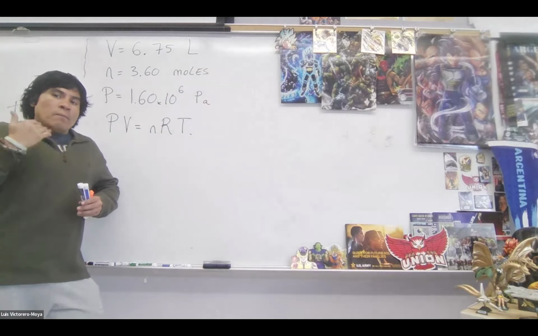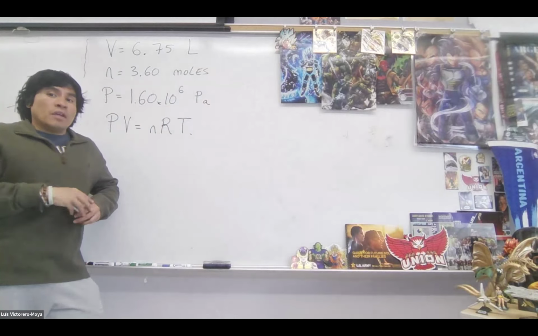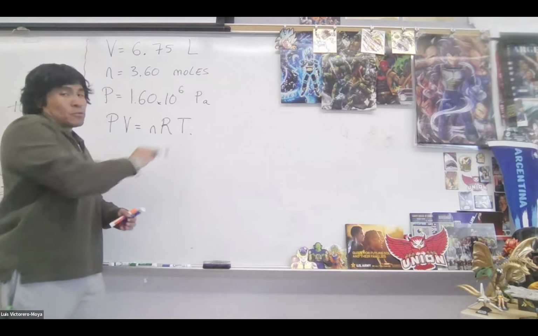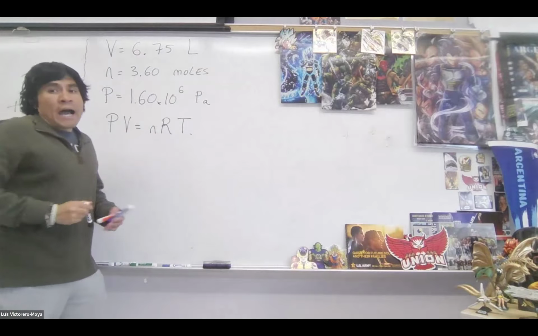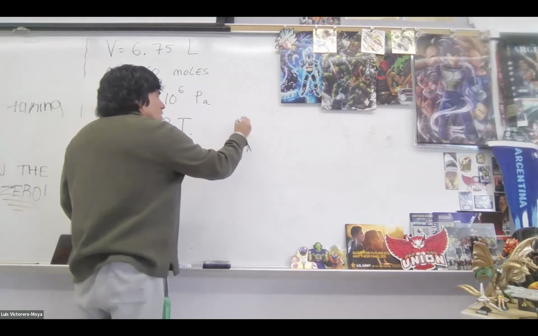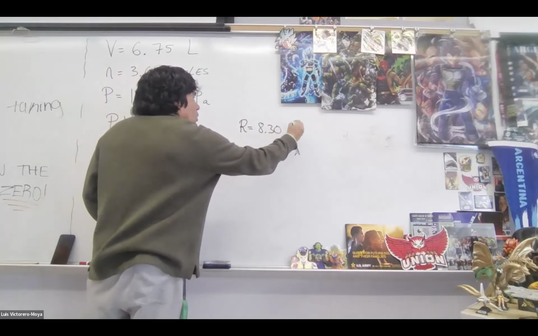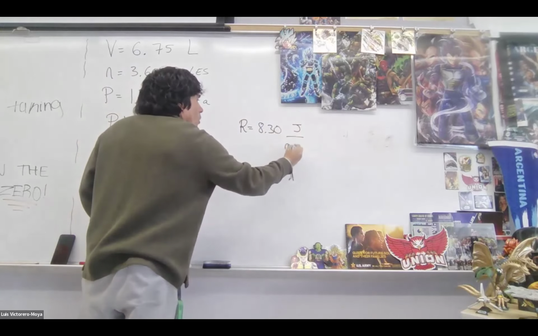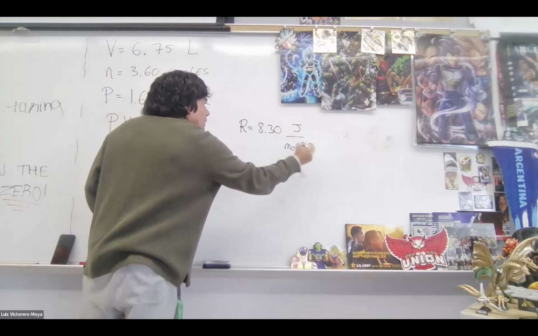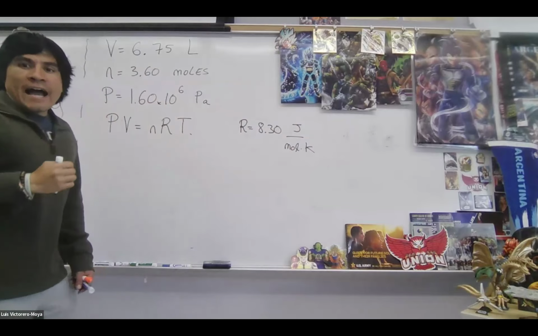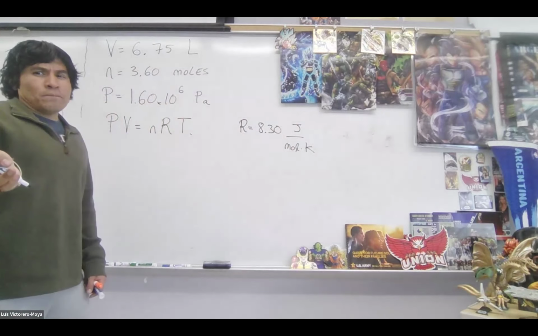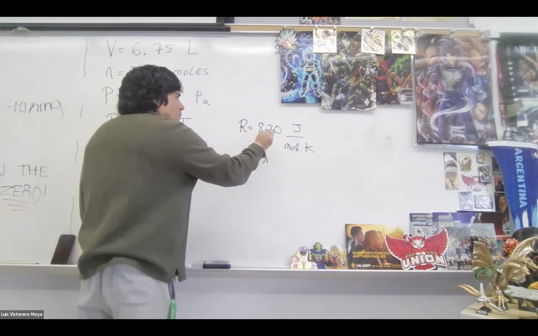So we have to place the right units. We also have the right units for temperature in Kelvin and the right units for R, which in this case will be 8.30 joules per mole Kelvin. That's the R constant. You can find that in the textbook, but just so you know.